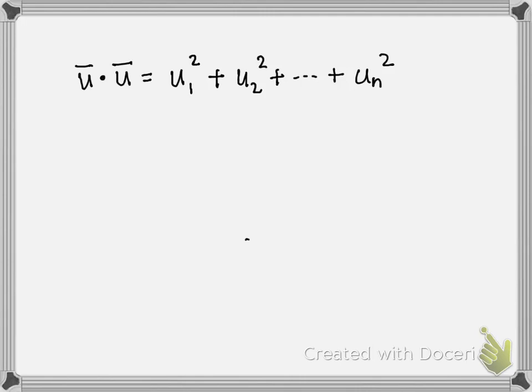Well, this should look familiar. This is almost the norm of u, except it doesn't have the square root. This is actually just the norm of u squared.